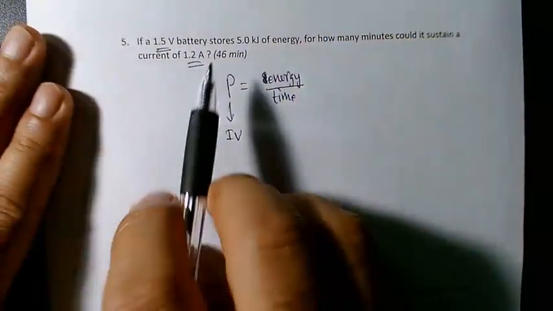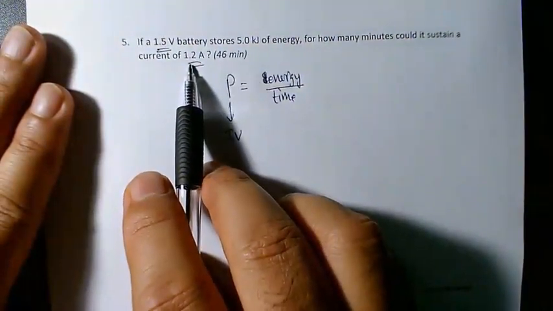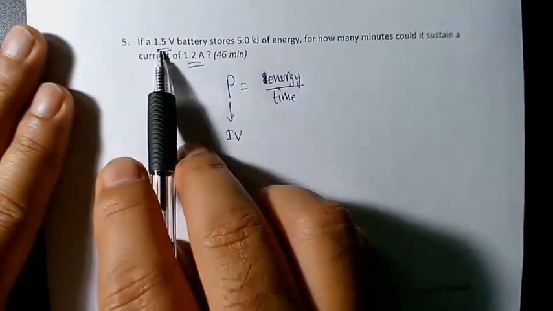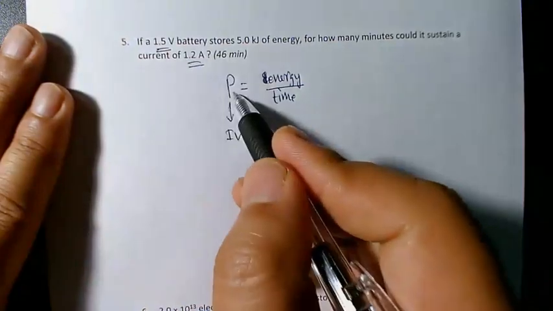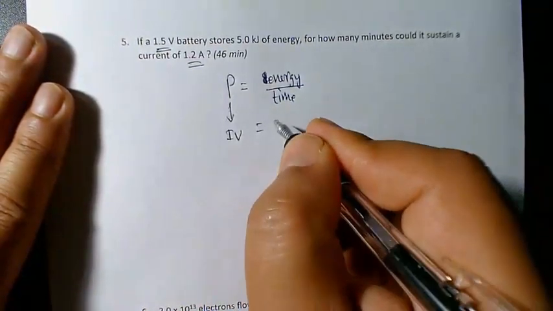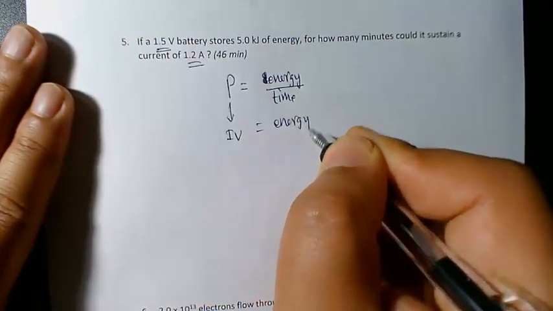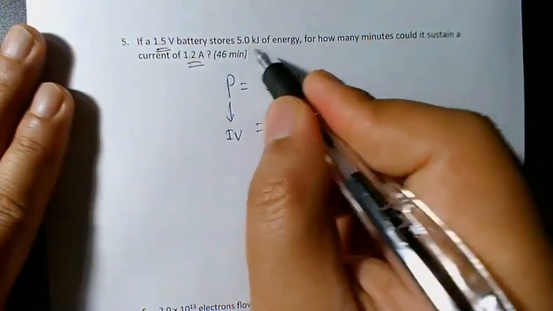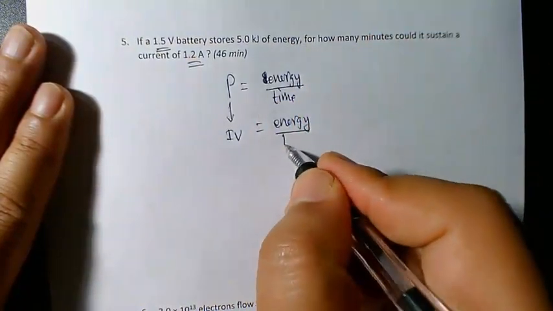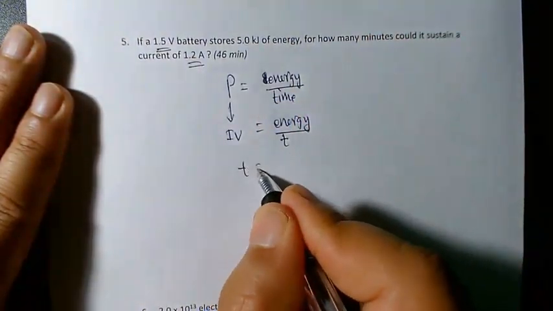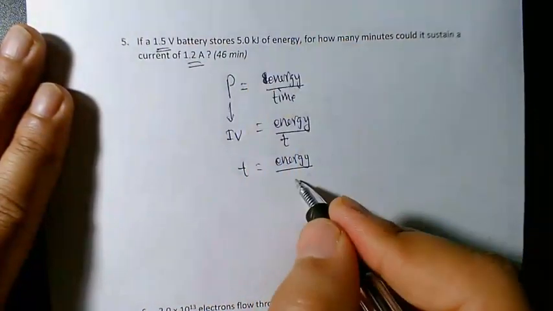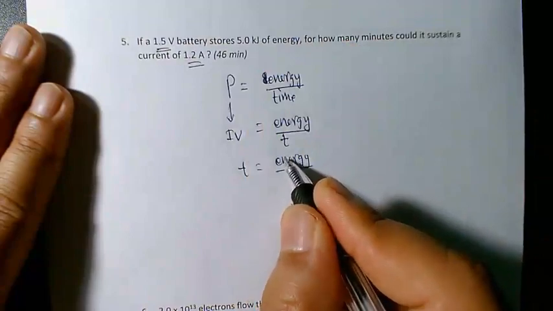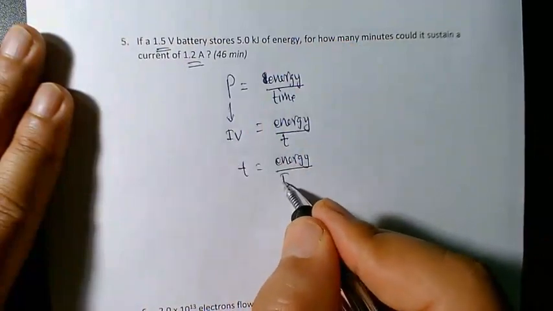It's drawing a current of 1.2 amps, and the battery voltage is 1.5 volts. So you know current and voltage. Power is energy, which is given to you. The battery has a total of 5,000 joules of energy, and you solve for time T. So total energy of the battery is 5,000 joules, and your power is I times V.